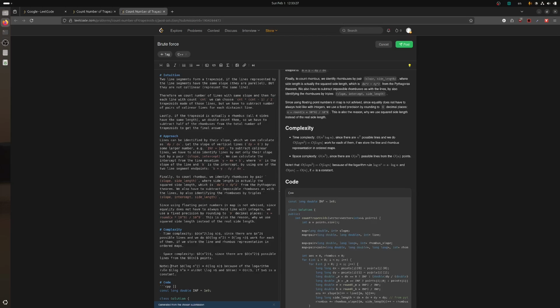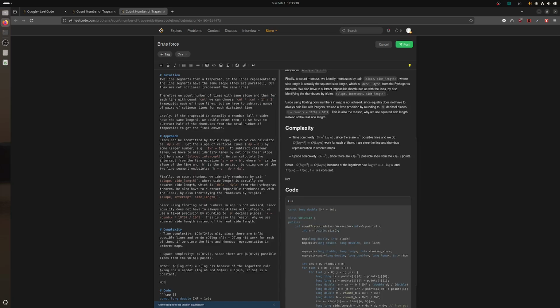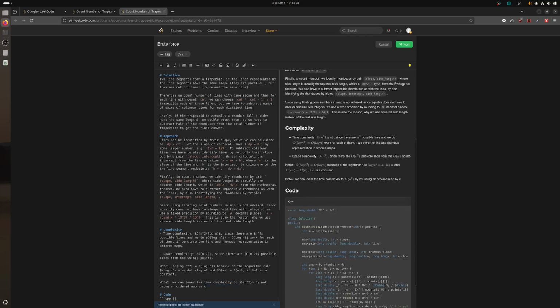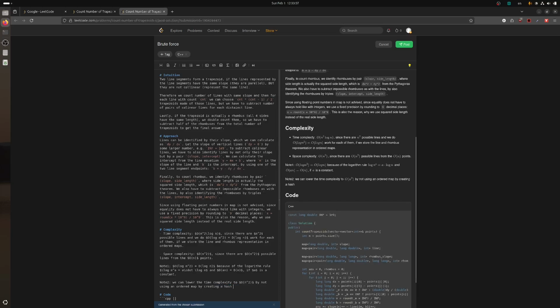Note 2: we can lower the time complexity to O of n squared by not using an ordered map and by making up a hash, creating a hash for the line representations.